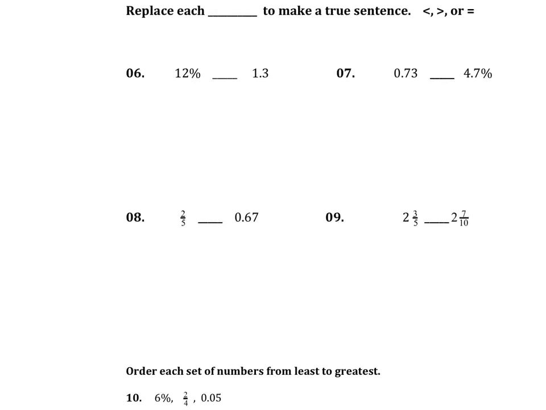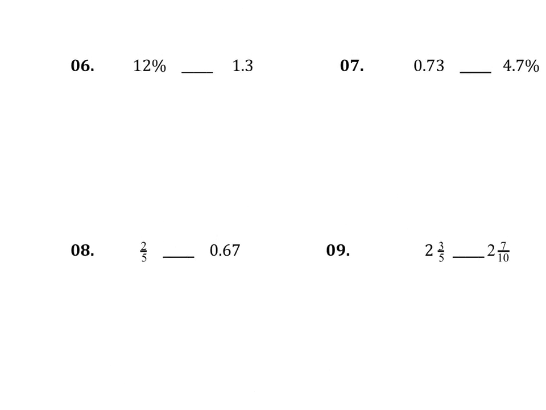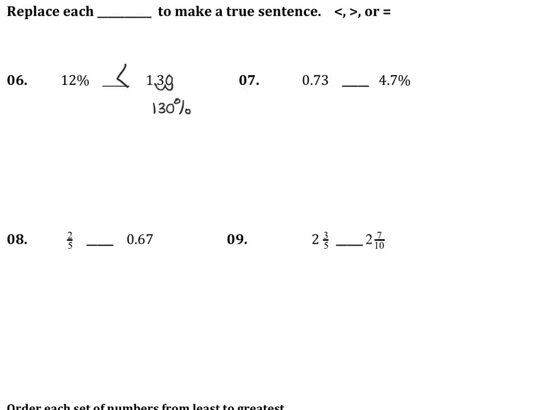If I'm comparing here, I need to put them in the same form. So if I have 1.3, I know I can easily make this to a percent by multiplying it by 100 or moving that decimal 2 times. I can see this one is larger. My next one, I'm going to do the same. Move my decimal 2 times to get 73%.